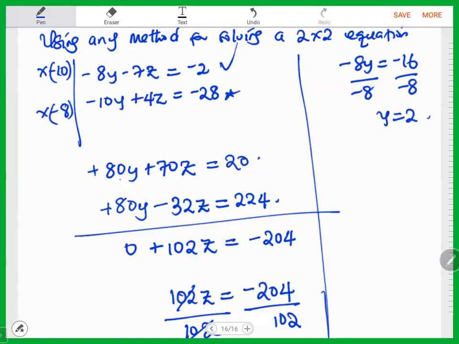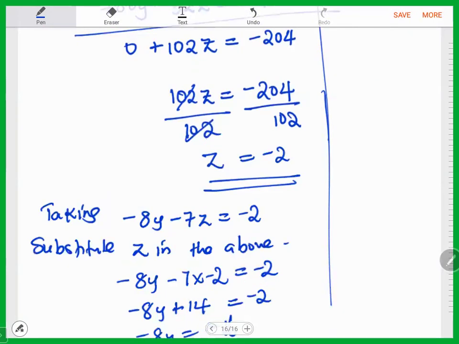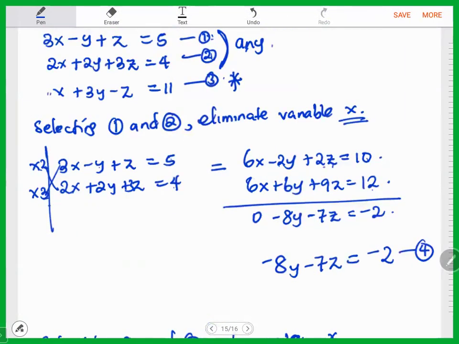So we now have x. No, we have y and z. Can we determine our x? Our x, you pick from the previous, the initial one. You can choose any of those and you substitute in them the values of y and z. The first value that you eliminated.